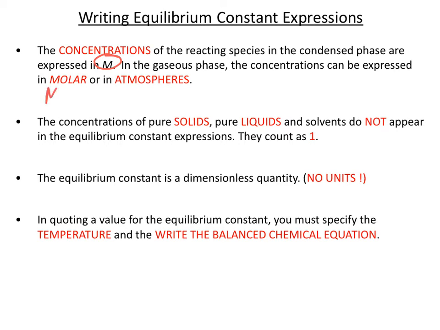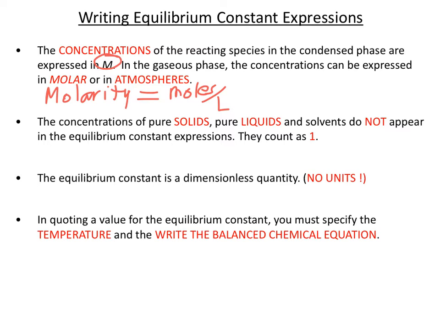So just recall molarity is equal to moles per liter. In the gaseous phase, the concentrations can be expressed in molar or atmospheres, or some other appropriate unit for pressure.